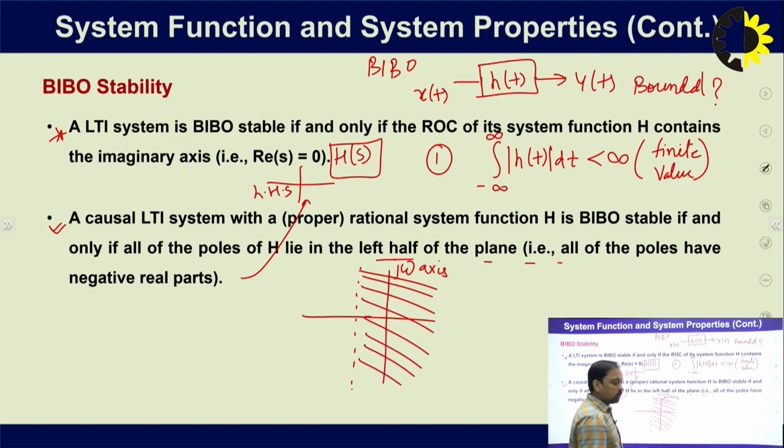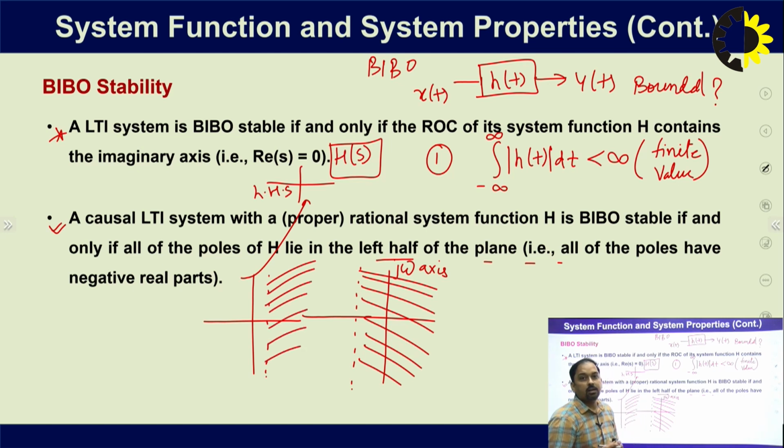In one case, we have the ROC, and this particular ROC contains the j omega axis. We have the next case like this. If the ROC is this, we can say that the ROC does not contain the j omega axis and the system is said to be unstable.